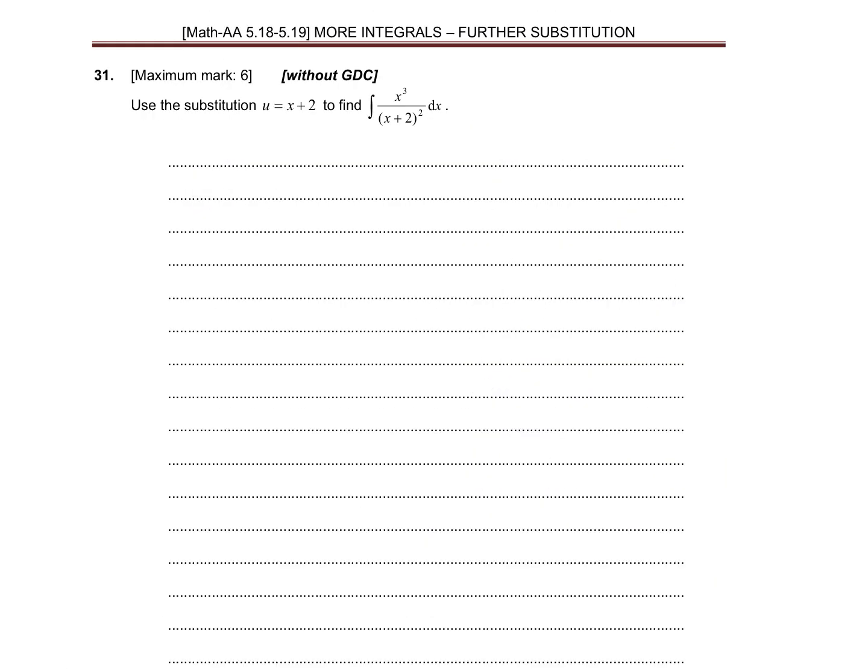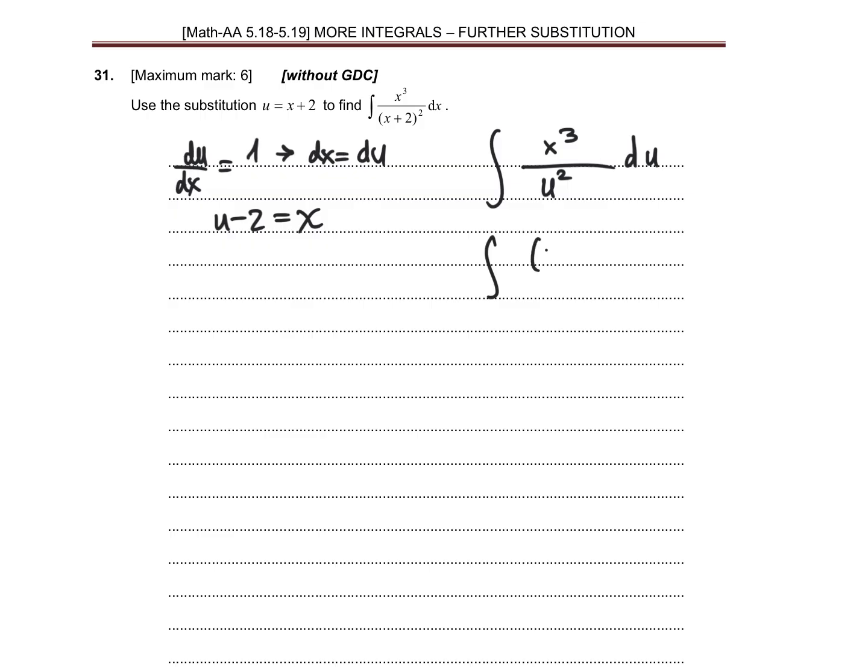All right, so we're going to have du/dx is 1. dx is du, so that our integral becomes x cubed over u squared du. And x is u minus 2. So we're going to have u minus 2 cubed over u squared. Feel free to expand that out.